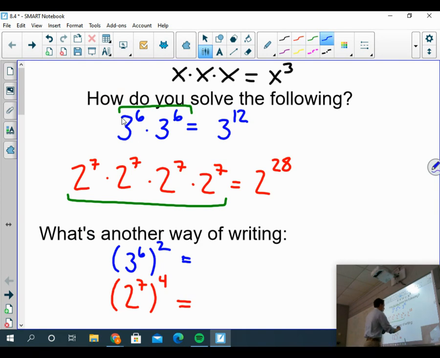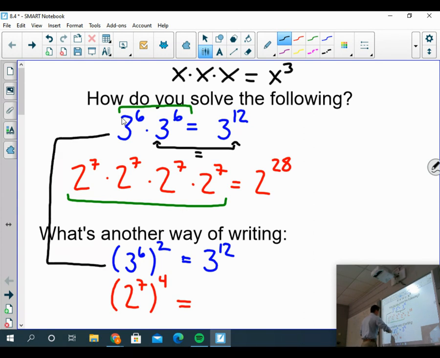The logic I'm using here is if these two things are equal, and these two things are equal, then these two things must also be equal. We know 3 to the 6th times 3 to the 6th is 3 to the 6th squared. And we know 3 to the 6th times 3 to the 6th is 3 to the 12th. Therefore, 3 to the 6th squared is 3 to the 12th.